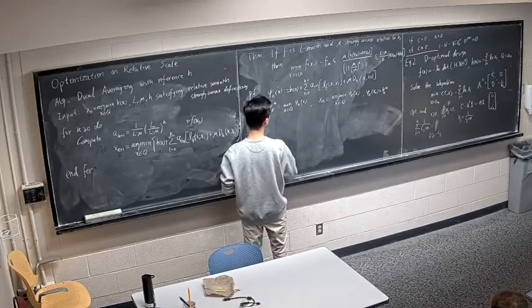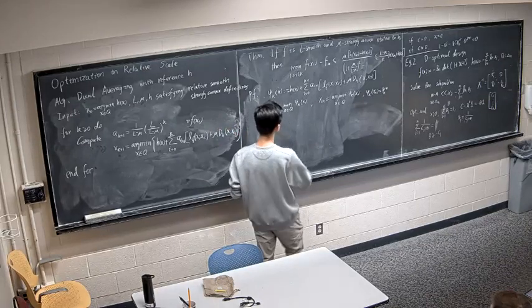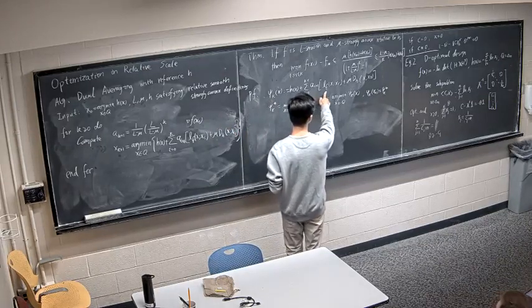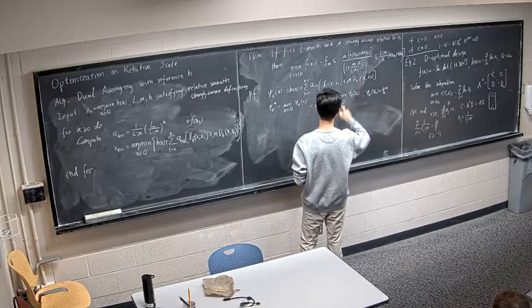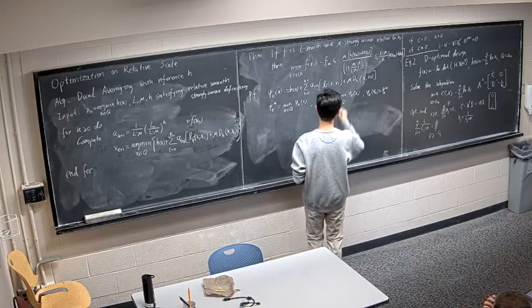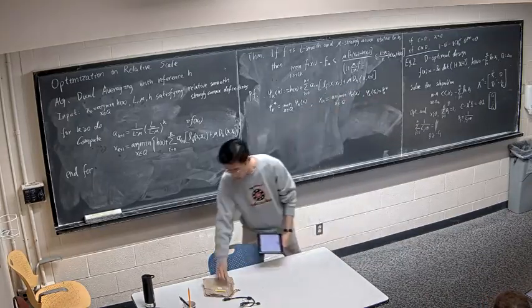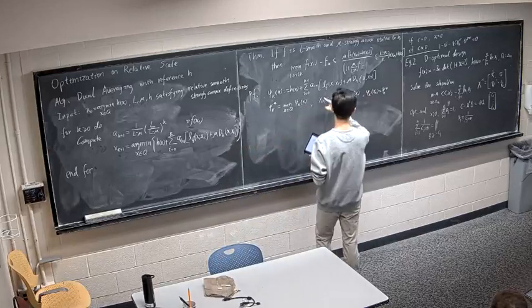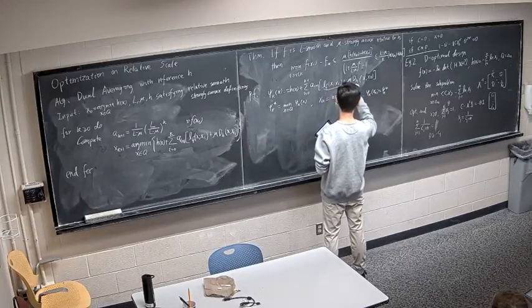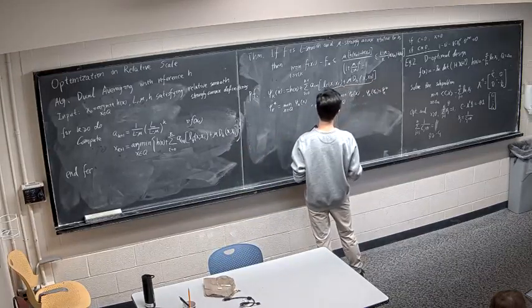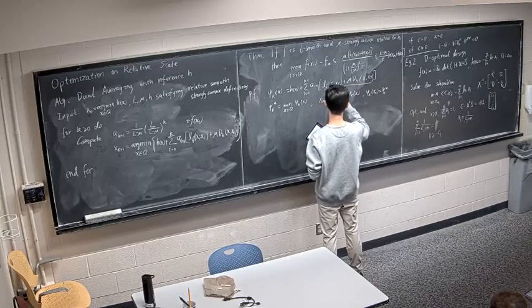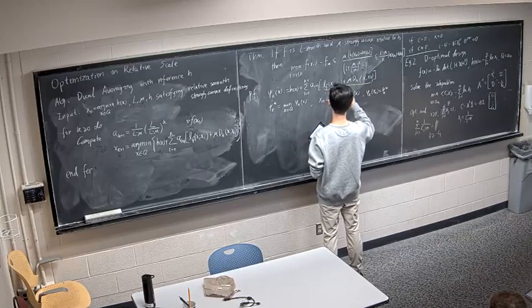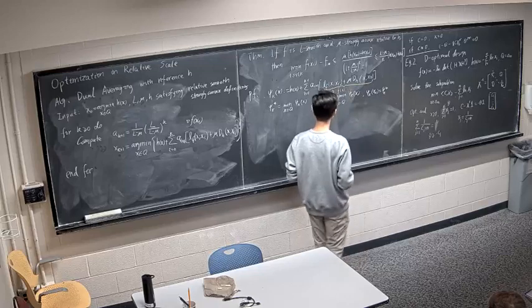Because the function f is mu strongly convex relative to the function h, so this portion here, this part, by mu strong convexity, this is greater than or equal to f of x.